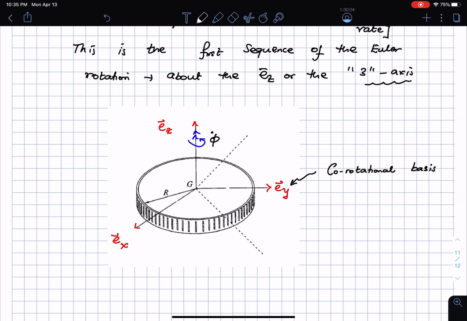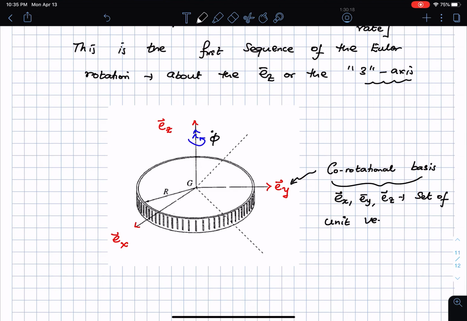So this implies that EX, EY, EZ are a set of unit vectors that rotate with the coin or body, or they're also called a body fixed rotational basis, or body fixed frame.